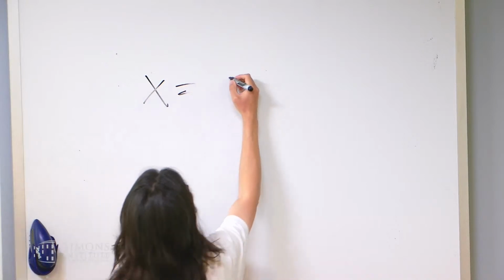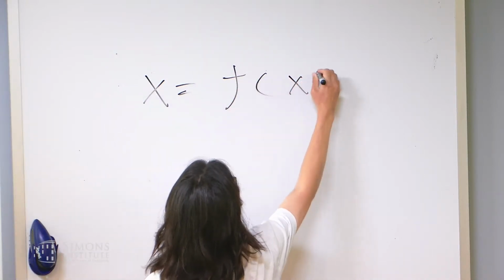I will try to write down the key steps. Remember, our goal is to find the fixed point, x equals f(x).